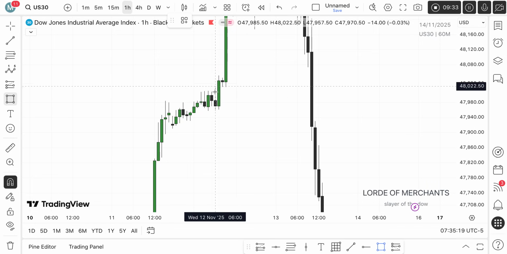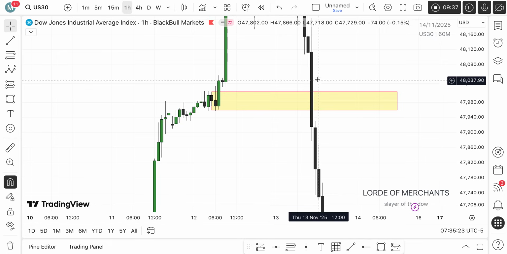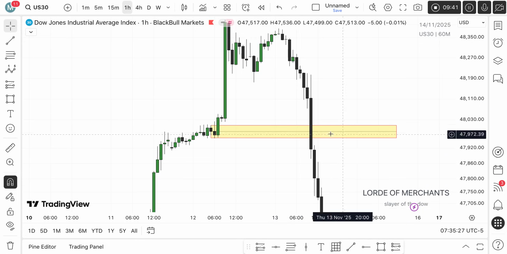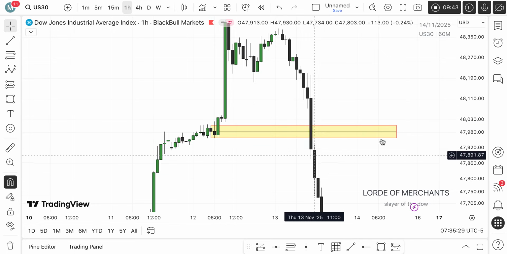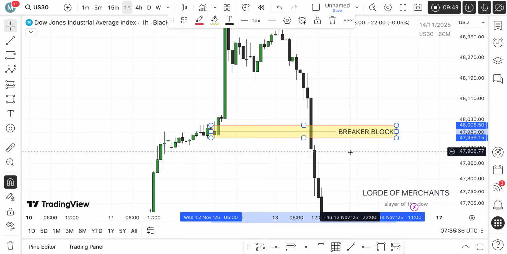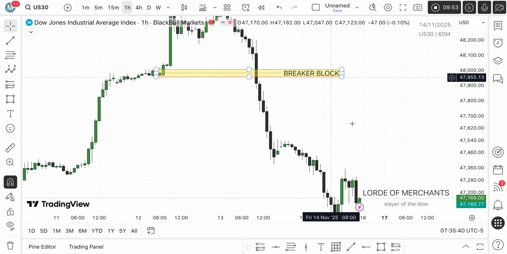So this is an area of support. If the price comes back here, it's supposed to get support to the buy side and get pushed higher. Instead, what happens is the price comes and closes below. This turns into a breaker block. So when the price comes back here, it is supposed to get pushed down.